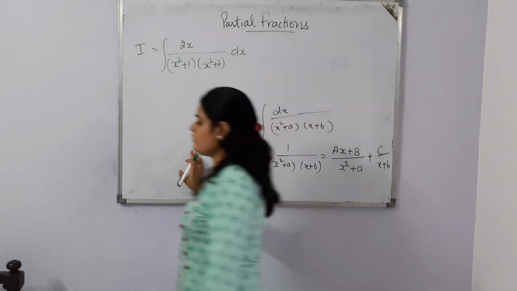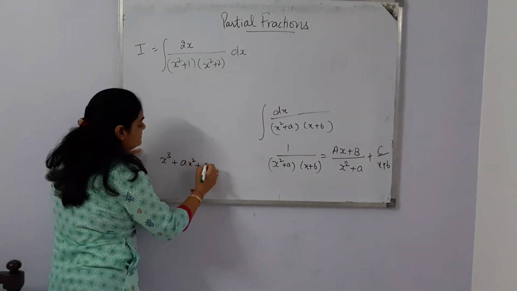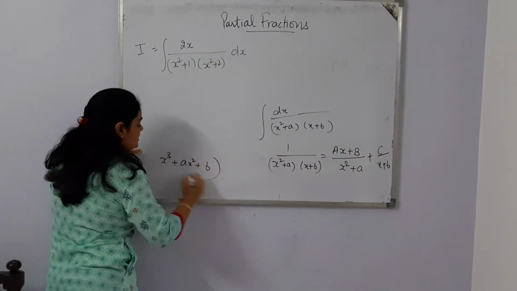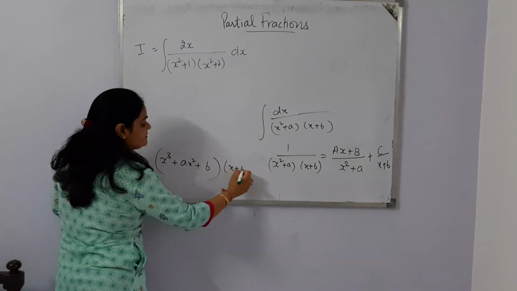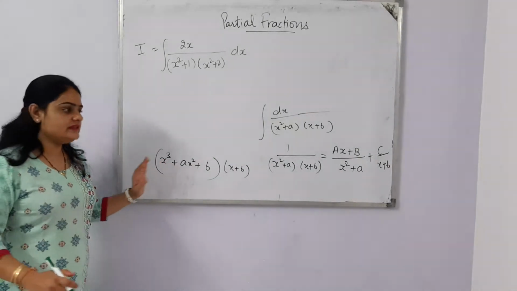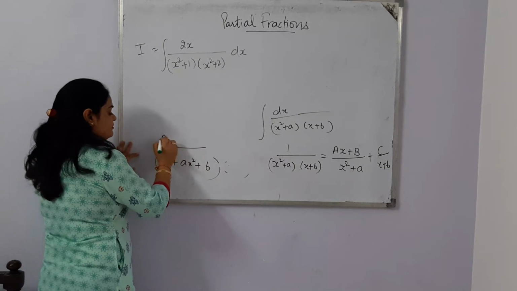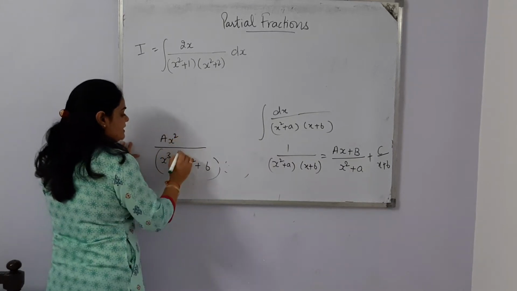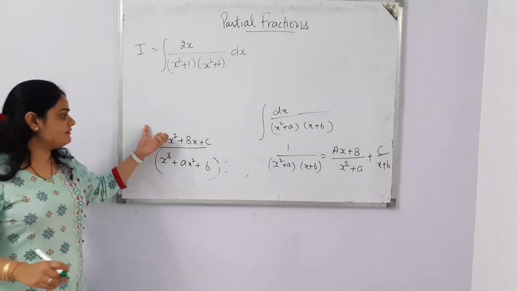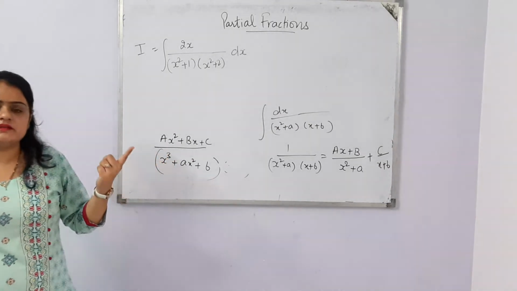Or in case you have x cube plus ax square plus ax plus b, if one factor is this, another factor is this, and you cannot find the factors here, that means you cannot split it. In that case, in the numerator we have to take ax square plus bx plus c, sort of its derivative, because x cube's derivative is 3x square.